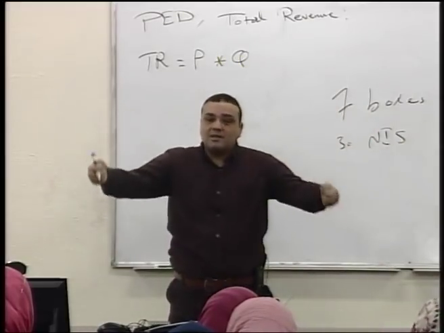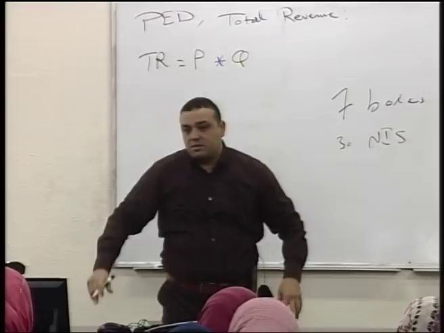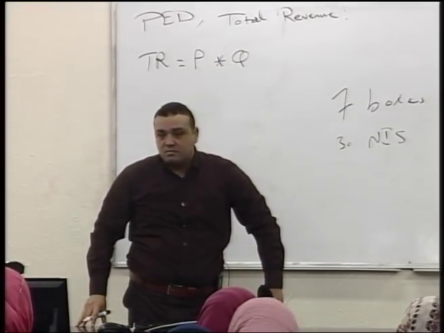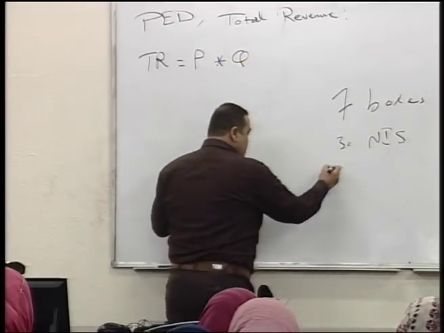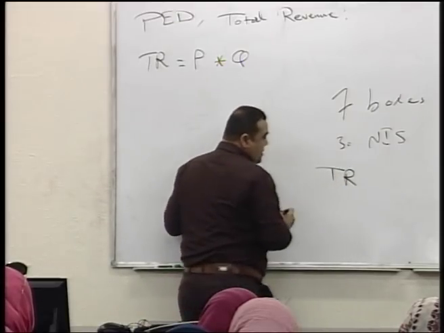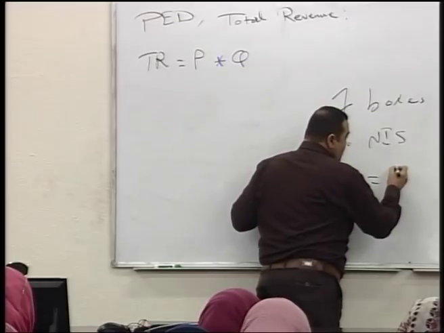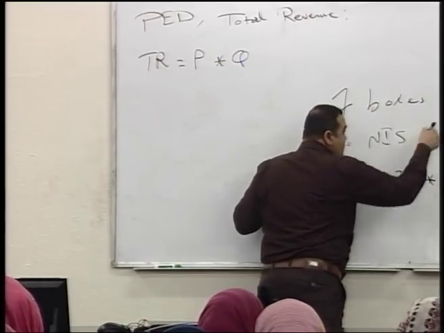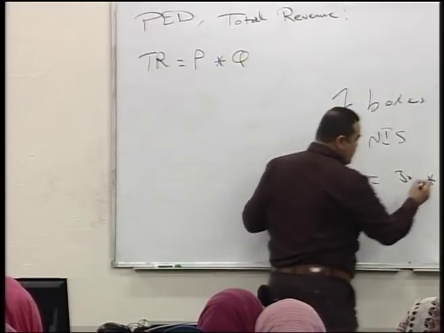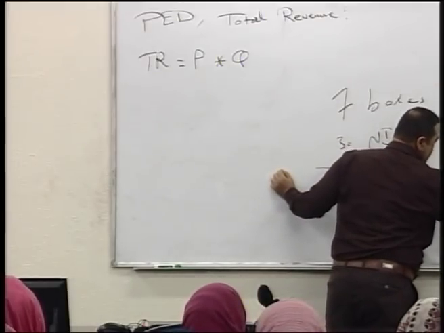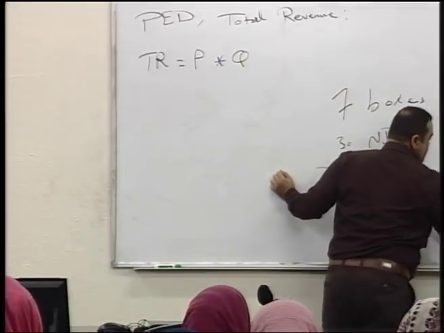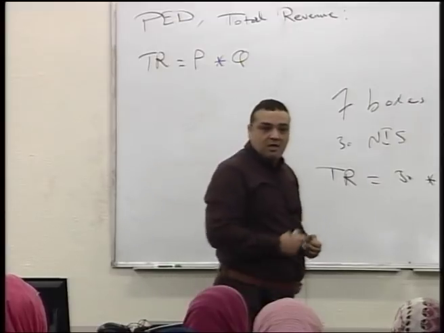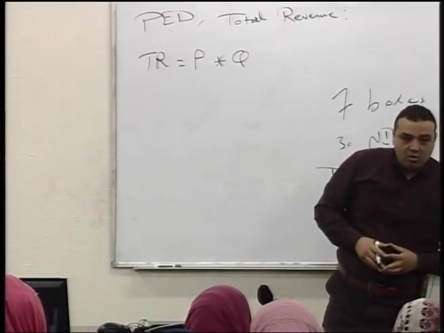And you sold all the quantity. How much is your total revenue? Exactly. The total revenue you obtain here equals the price 30 times the quantity sold, 7, equals 210 shekels. So the total revenue equals the price per unit times the quantity sold, or the quantity demanded.